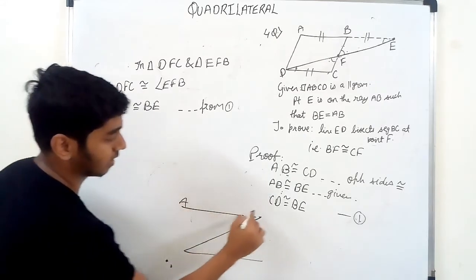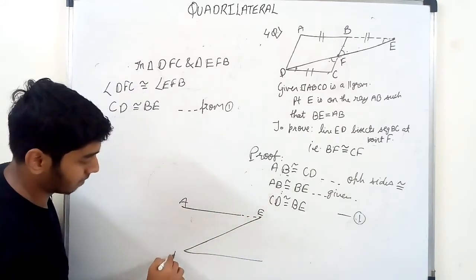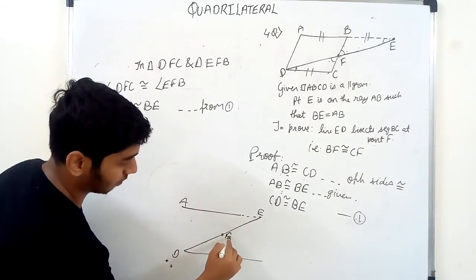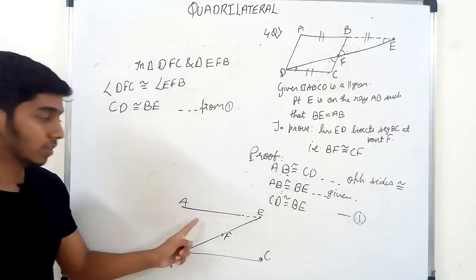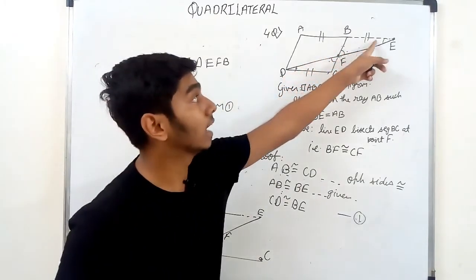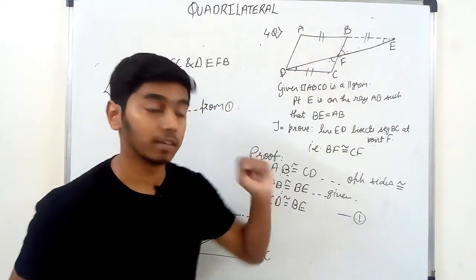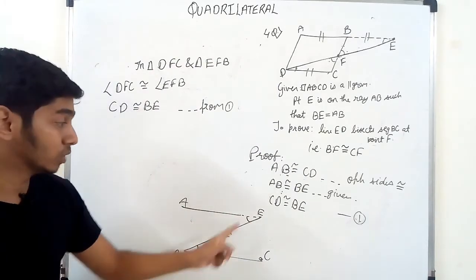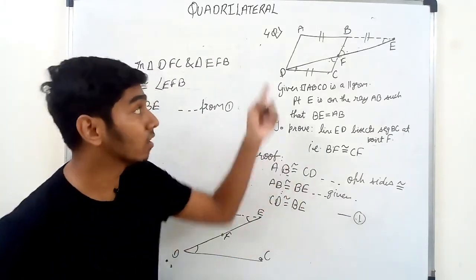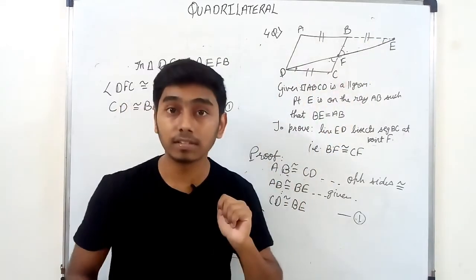So this is A, this is E, this is D, and this is F, and this is C. So there is this angle and this angle which is formed. So these two are what? Alternate angles, because this is parallel to this.